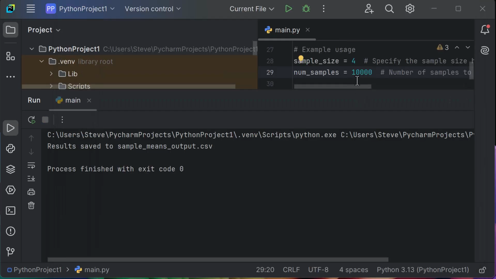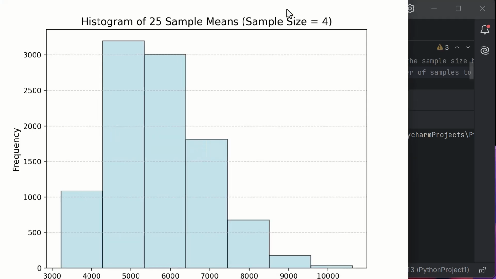So I've adjusted this so we get 10,000 samples, but it's still of size 4. Remember, that's the size that really makes this distribution. So with just n equals 4, we should expect to see this positive skew to the data. Let's see what happens.